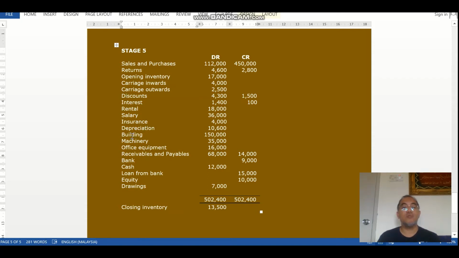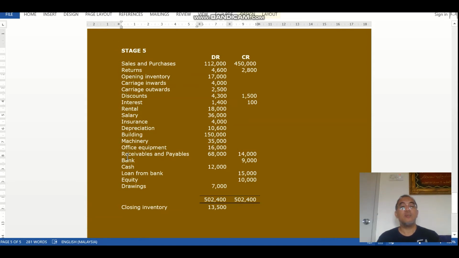And moving on to building and machinery, we have two assets, because assets will always be at the debit side, and assets, liabilities, and equity will always be in the statement of financial position.